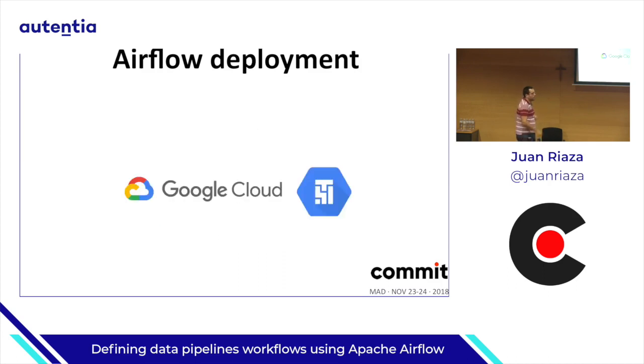And this was a big hit. Google Cloud now offers Google Cloud Composer. That's Apache Airflow as a service. So that was a really big deal for the Apache Airflow community to know that Google is offering Airflow as a service.